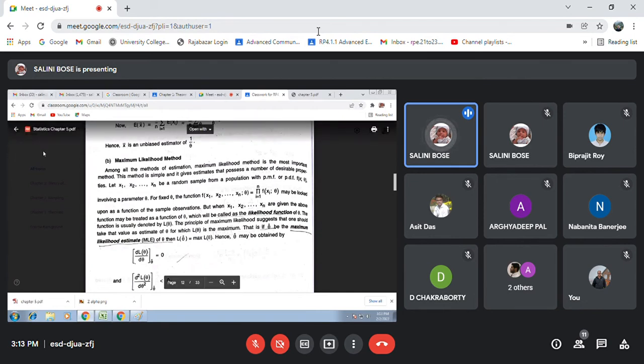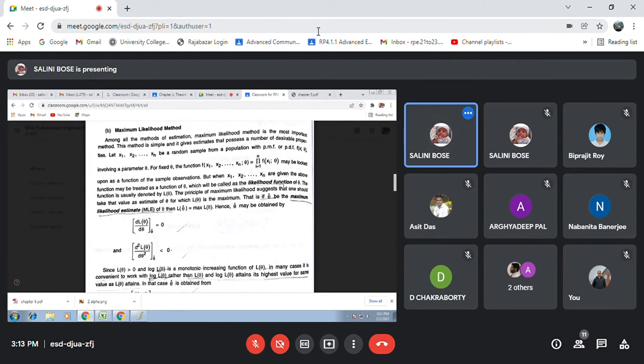So in the maximum likelihood method, what happens? L is called the likelihood function of the parameter theta. You have to deal with the likelihood function of theta, that is L theta, and the maximum likelihood method means the maximum value of L theta.